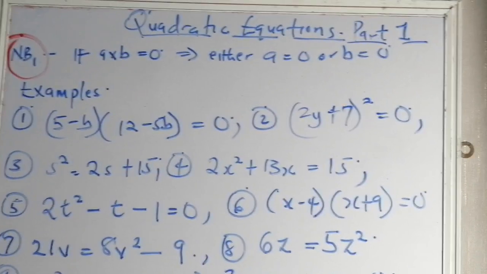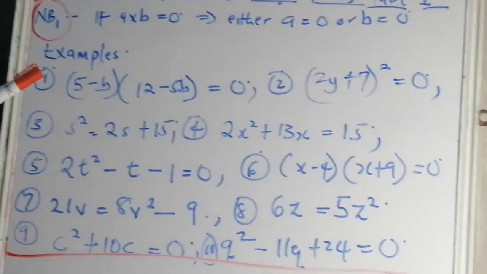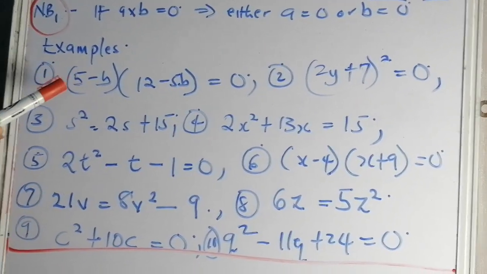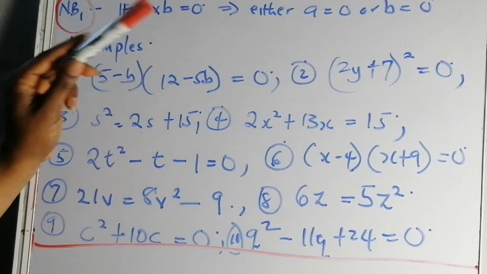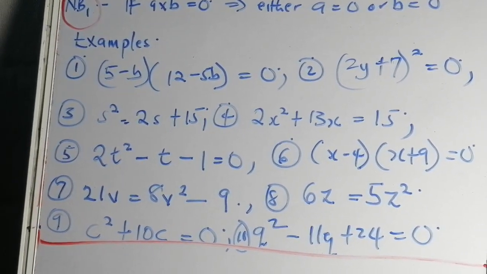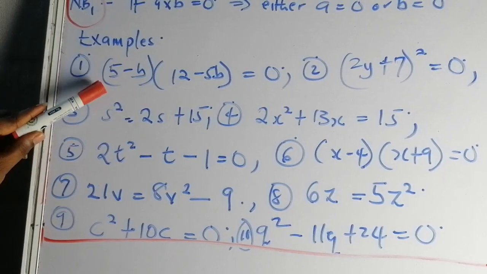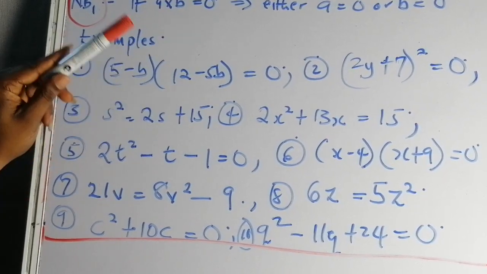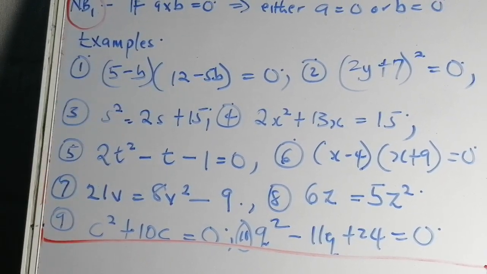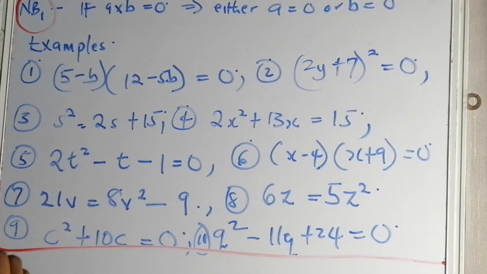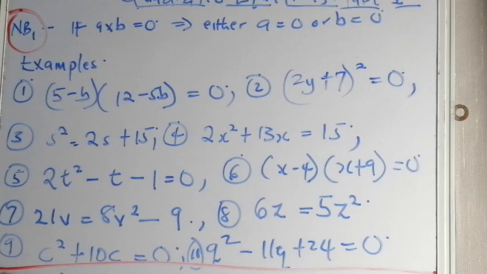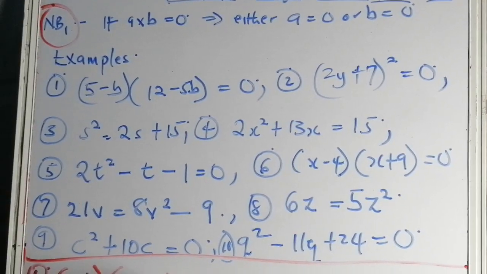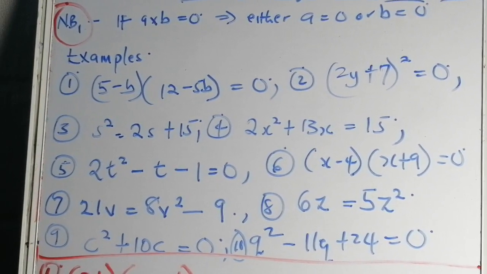So for examples, we have this. If I say that (5 minus b) into bracket (12 minus 5b) equals 0, if you look at the condition above, either a or b, it means that my a here is 5 minus b, and my b here is 12 minus 5b. Let's go straight to the point. Example number one says that (5 minus b)(12 minus 5b) equals 0.